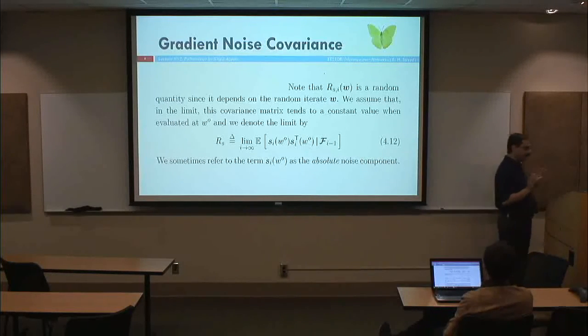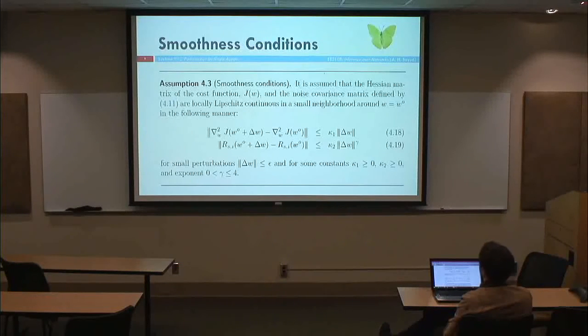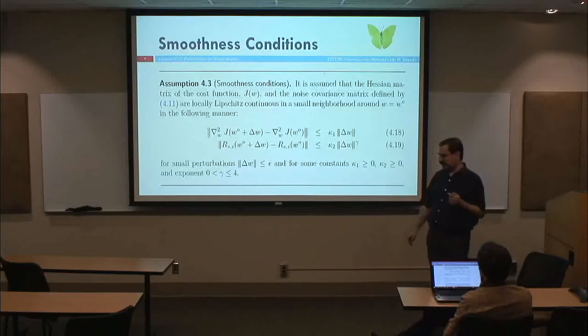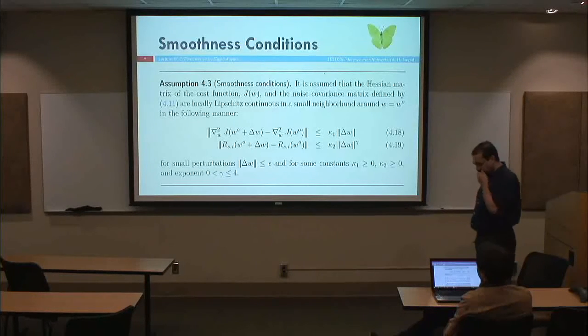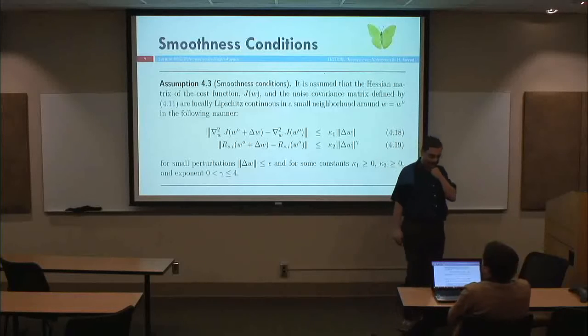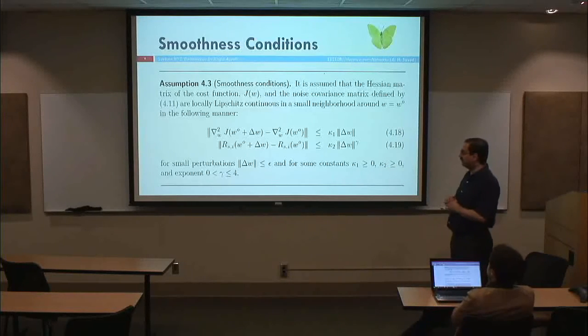I showed you last time how to compute them for at least 2 cases, the mean square error case and logistic regression case. And then another thing I did last time, I introduced 2 additional conditions and I motivated them. And I used these conditions to motivate a long-term model, which I'm going to remind you of very shortly.